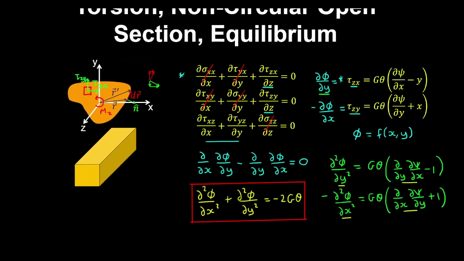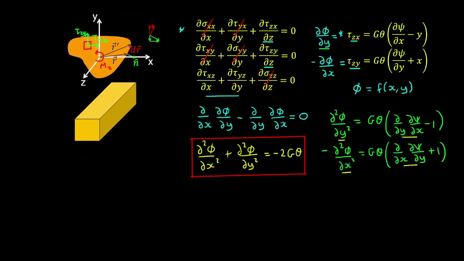And now we need to ensure that the boundary condition is satisfied such that the shear stress vector is tangent to the boundary to get a zero complementary shear stress on the free surface. So noting that the radial vector from the centroid of the section plus the change in r is equal to r dash, where r is the x coordinate in the horizontal direction plus the y coordinate in the vertical direction.